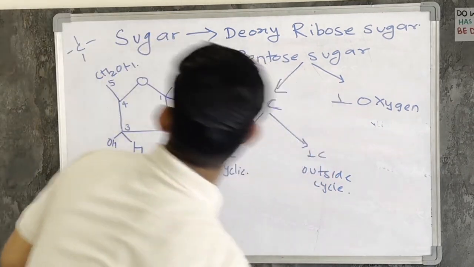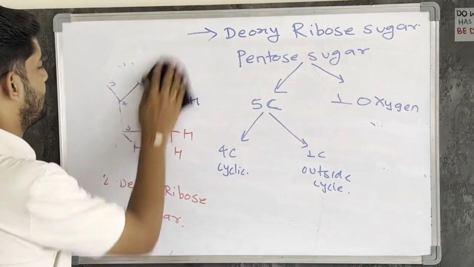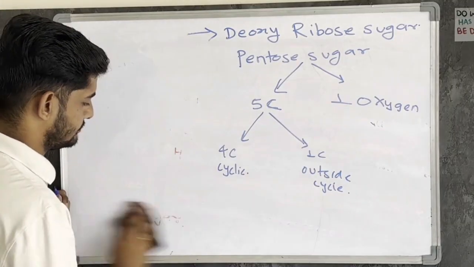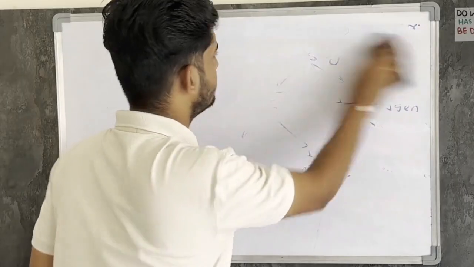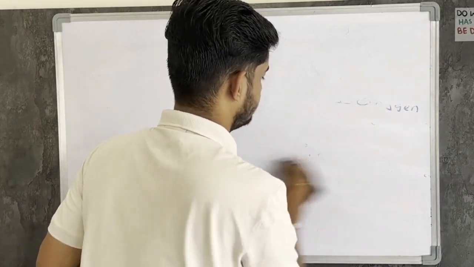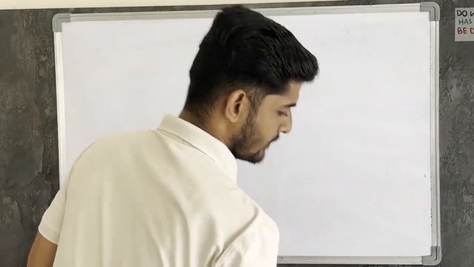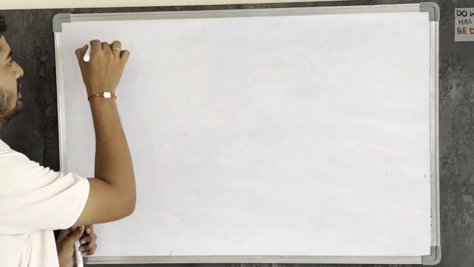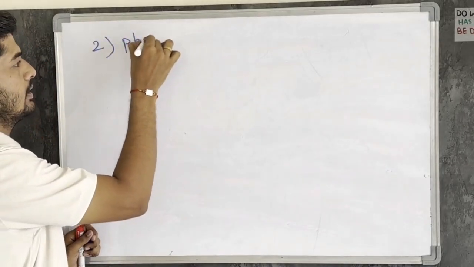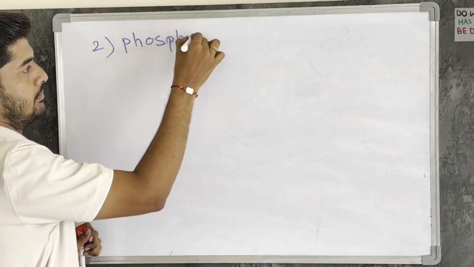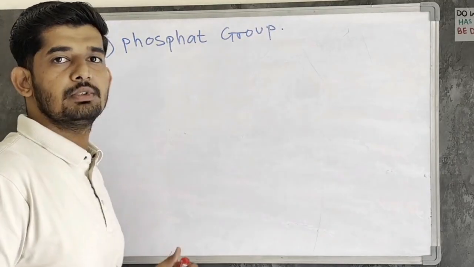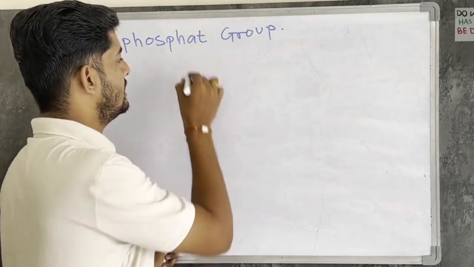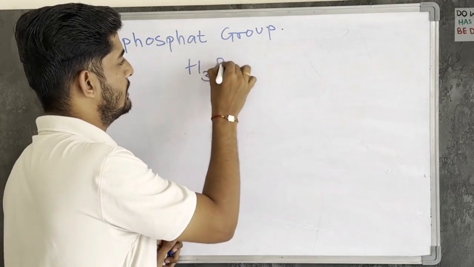Now after the structure of sugar, we will see the structure of the phosphate group. The formula for the phosphate group is H3PO4.